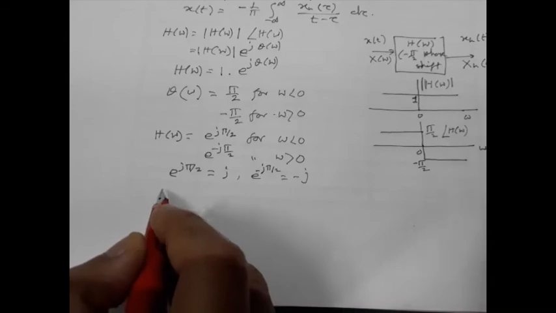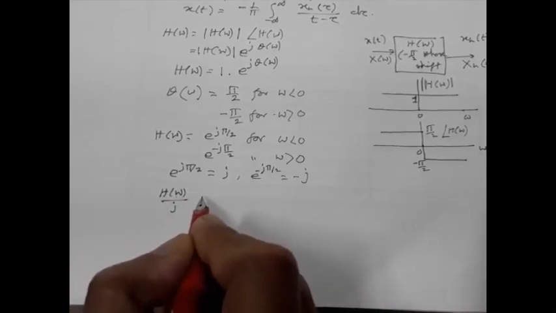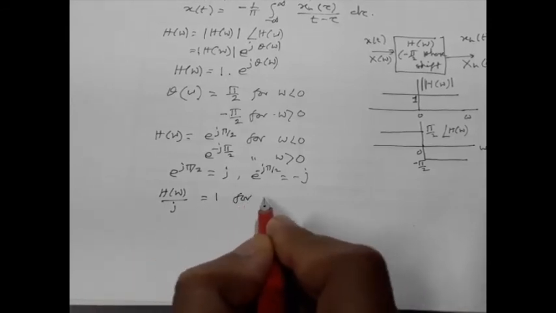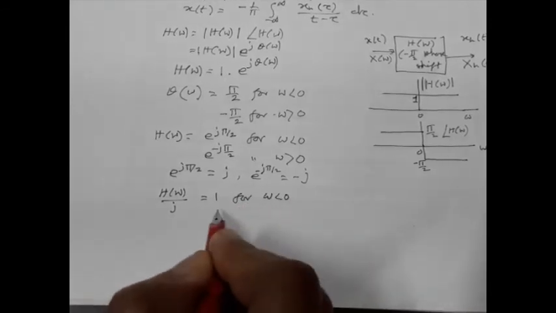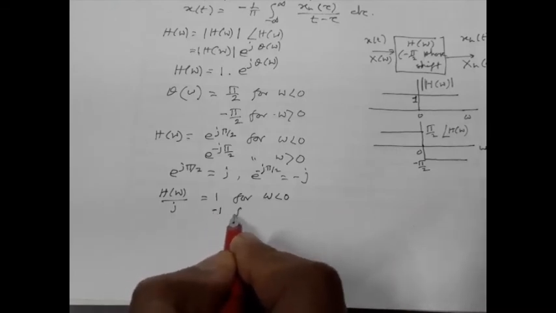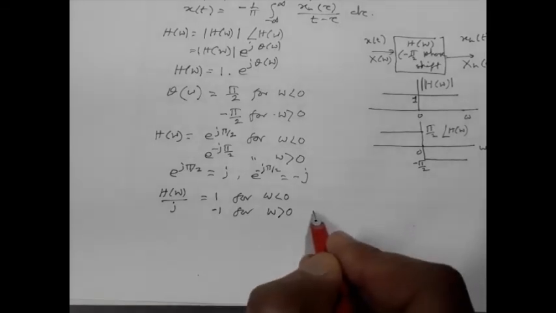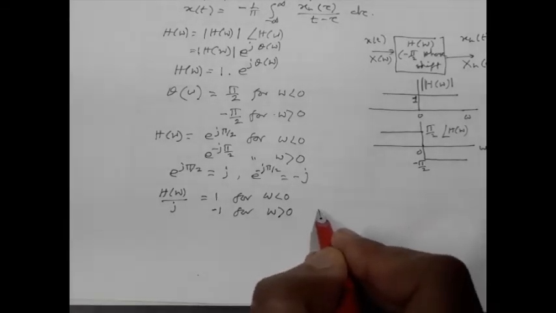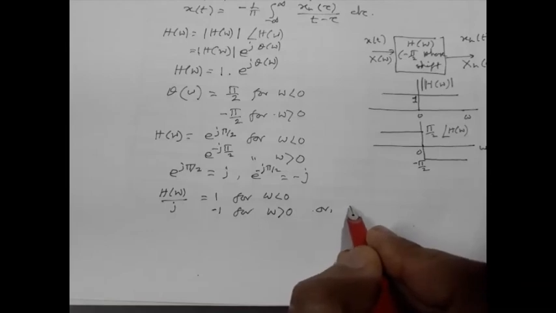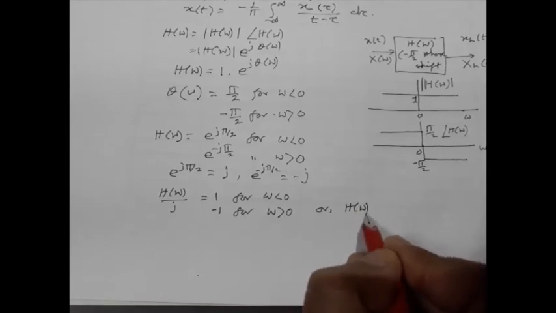So we can write h omega by j equal to 1 for omega less than 0, minus 1 for omega greater than 0. Or in other words, h omega equal to minus j signum function omega.